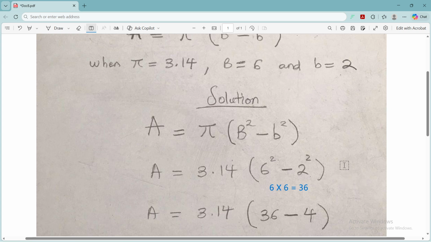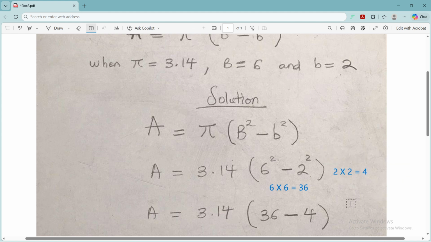2 squared is the same as 2 multiplying 2, which is 4. So that's how we had 4.